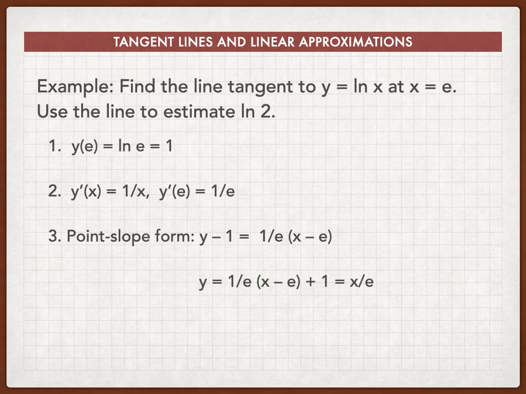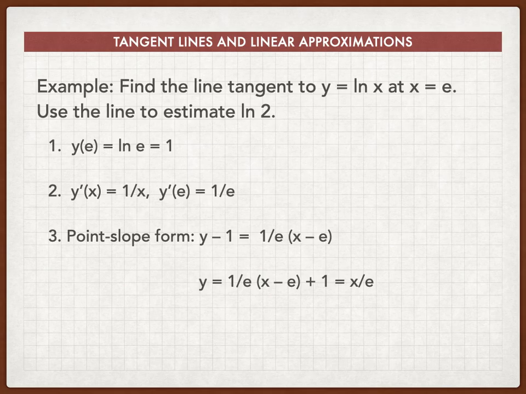Let's use point-slope form. y minus 1 equals the slope, 1 over e, times x minus e. Add the 1 to both sides, and we have a very useful form for estimating y values.